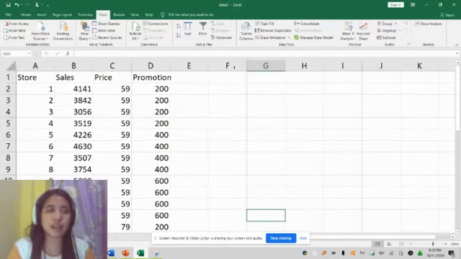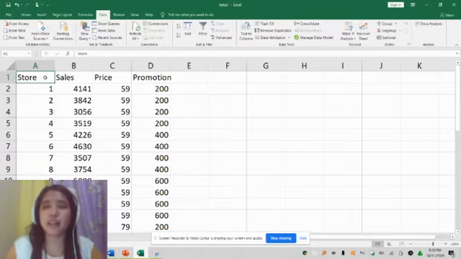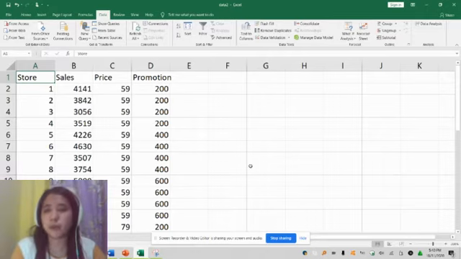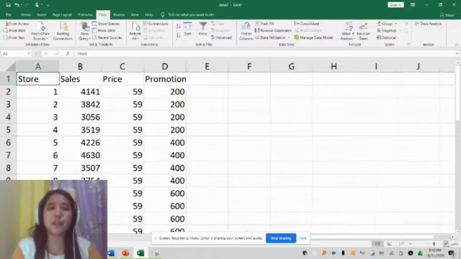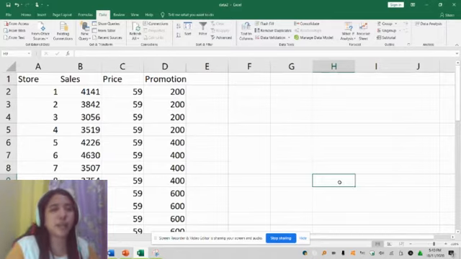The sales is our dependent variable, so it is the Y. Sale price is one of the independent variables, and promotion is also one of the independent variables. If you still recall how we generated regression of a simple linear, it is also the same when we are dealing with two or more independent variables.